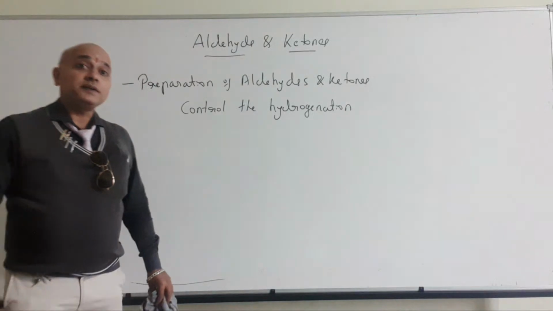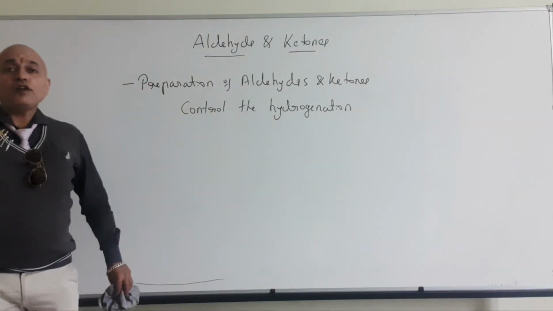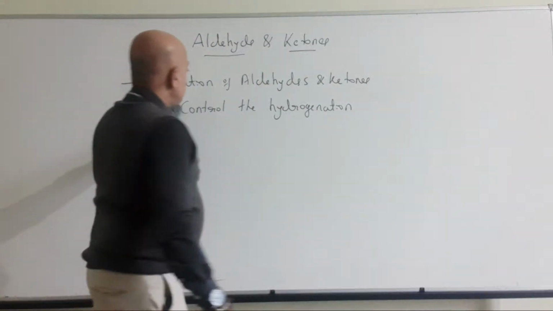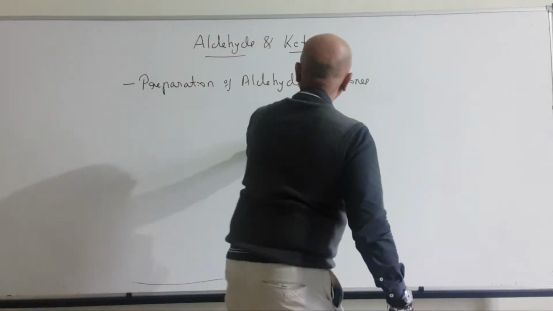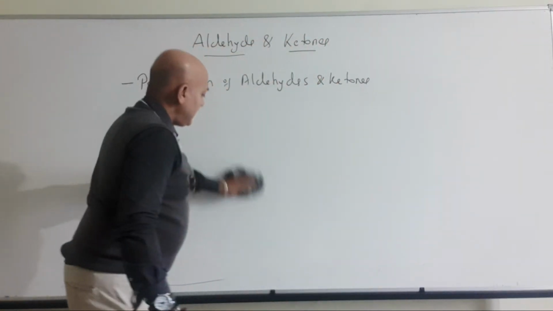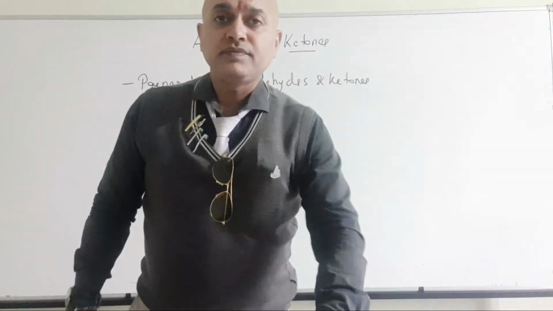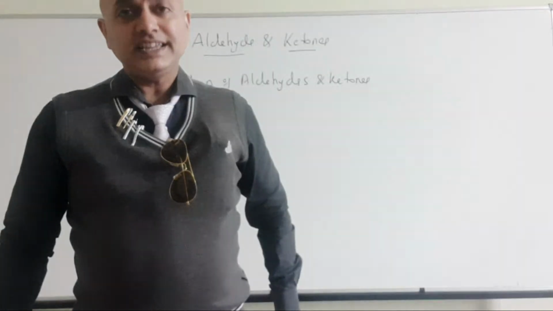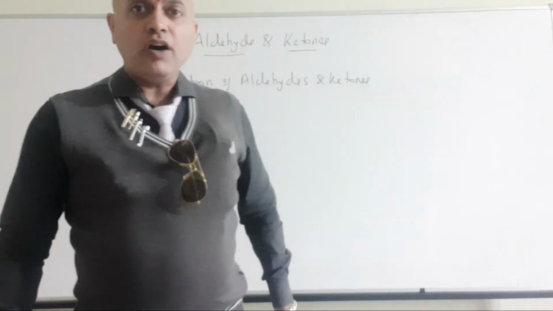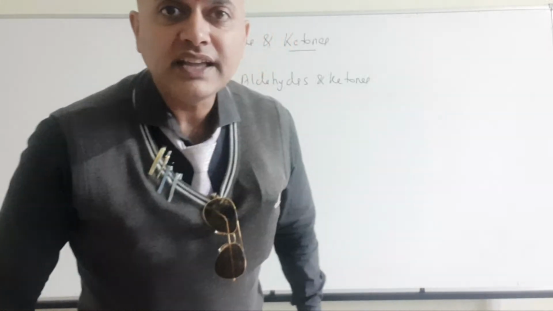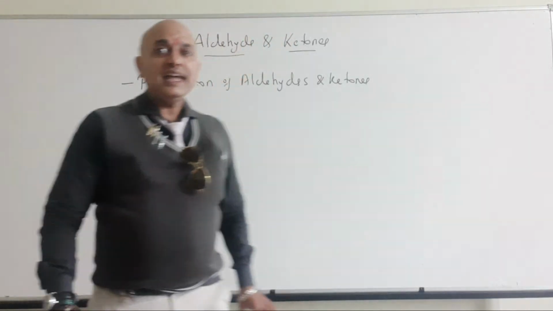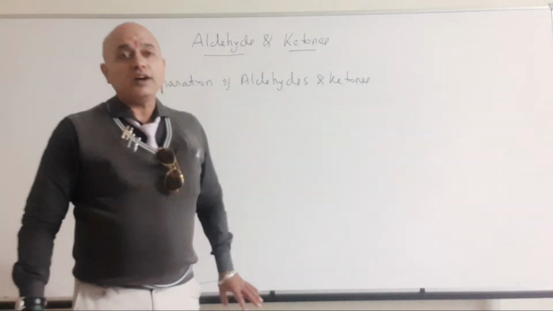Otherwise what will happen? It will lead to the formation of alcohol. So we don't want alcohol. Therefore, we want to control the hydrogenation. It's a reduction, not an oxidation. Fine, very good. All of you are attempting. Yes, Brinda, to control the hydrogenation, no doubt.